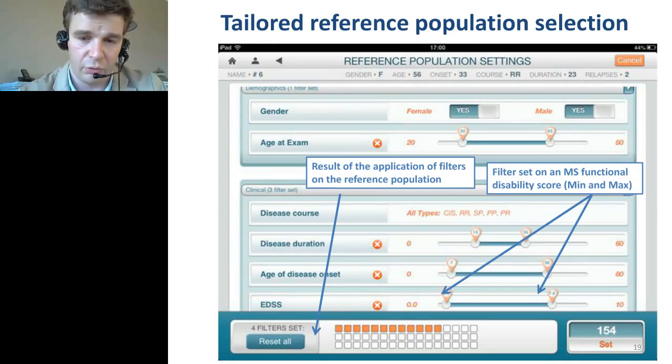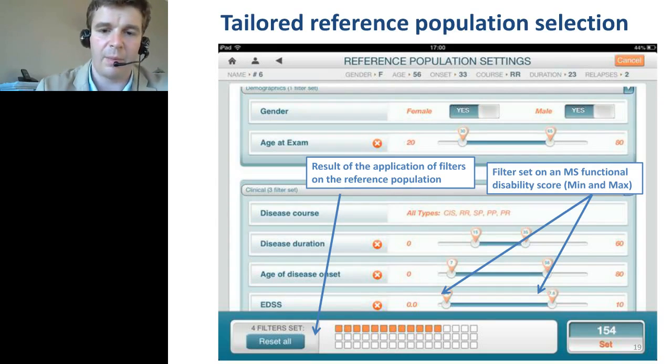You just have to switch off the male, and we're going to resend a request to the central database to say, hey, we have to use fewer patients, but you can recompute the normality assessment. This is possible for many other types of parameters, including disease duration, disease course, age of onset, and etc.